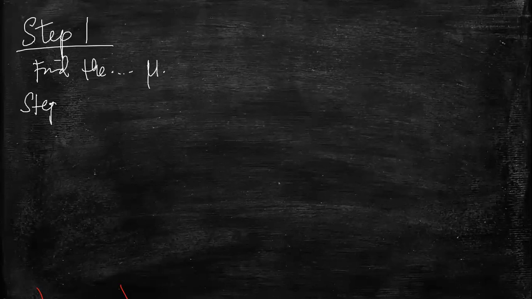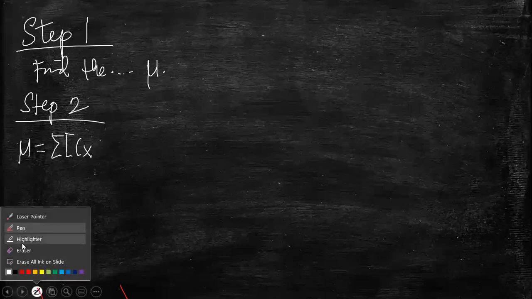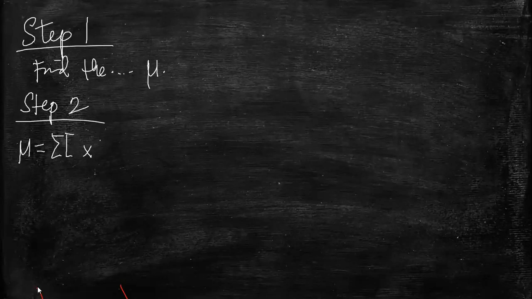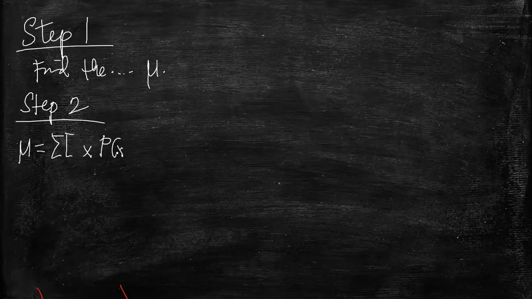Step 2. Ano na yung step 2, class? Formula and given. Okay, formula and given. Sige, unahin natin yung formula. What is the formula for our mu? Mu is summation of x times p of x. Okay, summation of x times p of x.